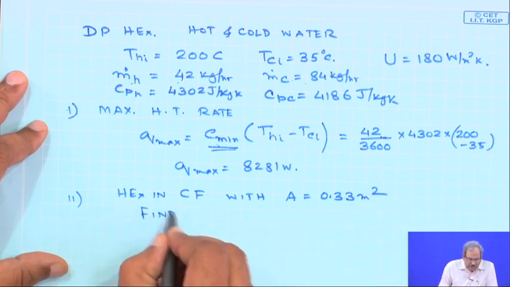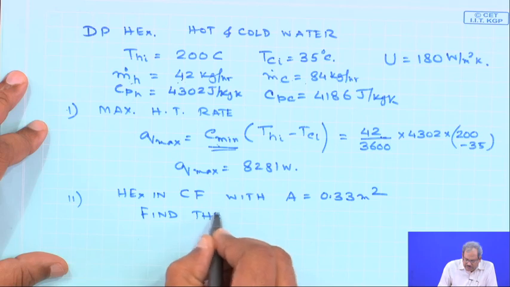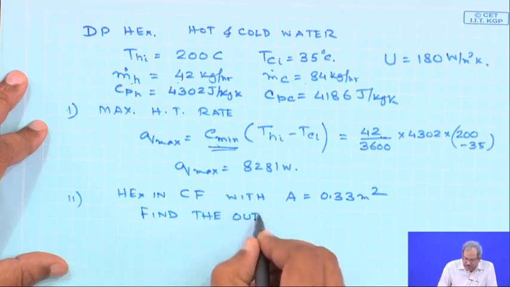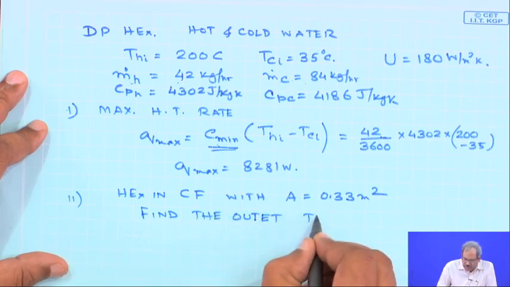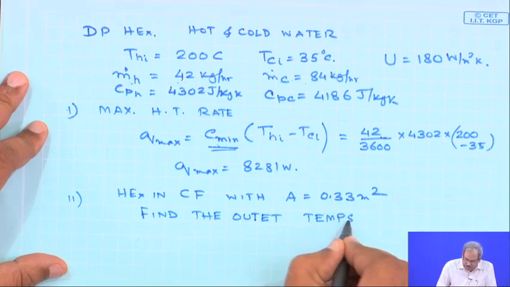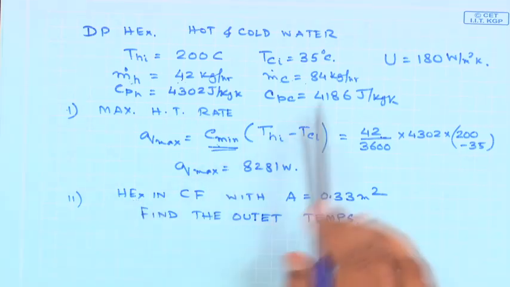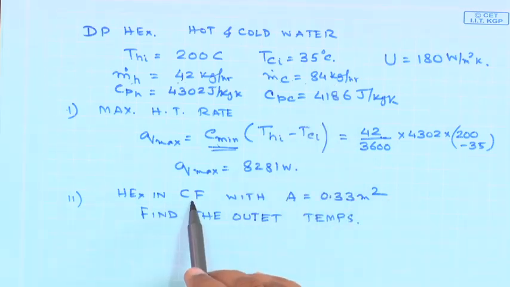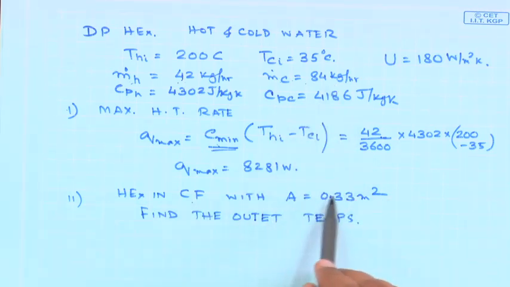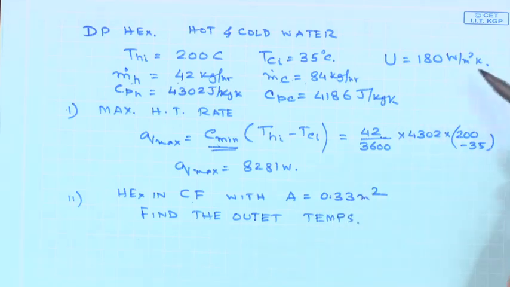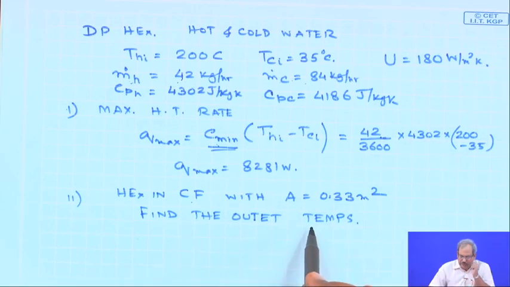Find the outlet temperatures. Once again, the problem states that the above heat exchanger is operated in counter flow with an area of 0.33 meters square. The value of U has already been provided. Find out the outlet temperatures.